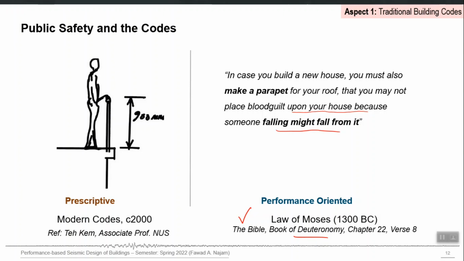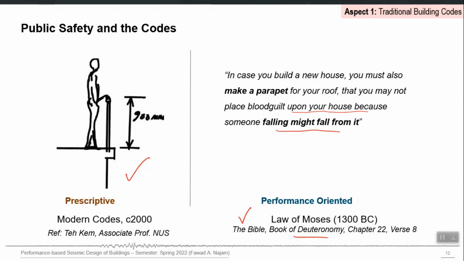performance requirement. But what current building codes will write is that they will specify the minimum height, minimum material properties, minimum thickness, for example, right? So this is the difference between a prescriptive code and a performance oriented code. A performance oriented code will directly tell you that this is something you have to achieve, this is the performance objective, right?